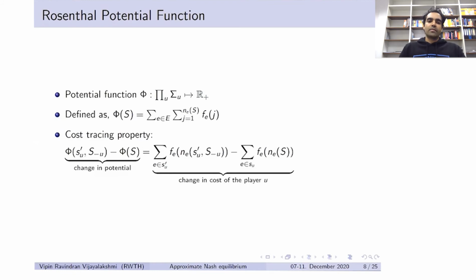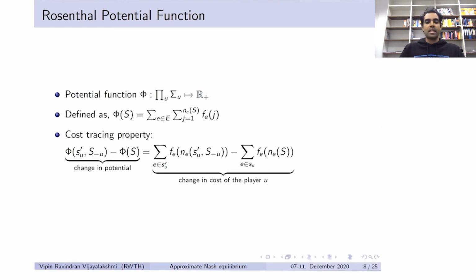The Rosenthal potential function basically maps every state in a game to a non-negative real number. The potential function is defined as shown here, where n sub e of S is the number of players on a resource e in the state S. Then you sum up the staircase sums over all resources. That gives you the potential in the state S.